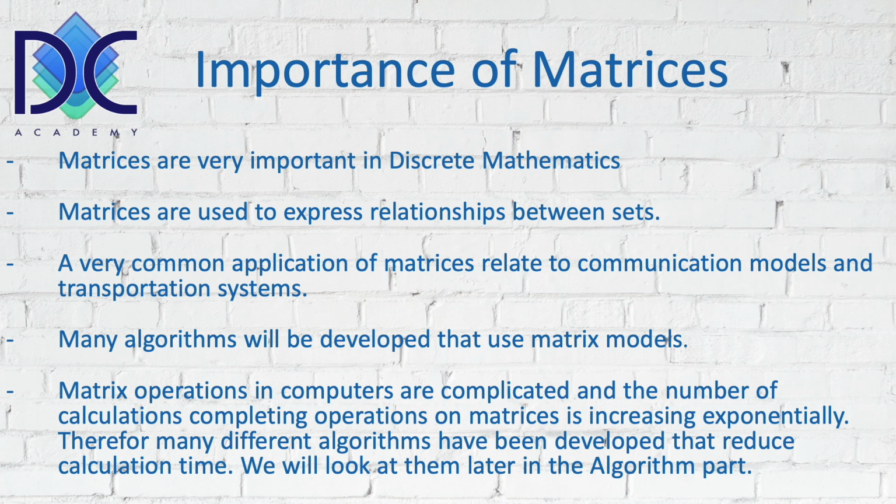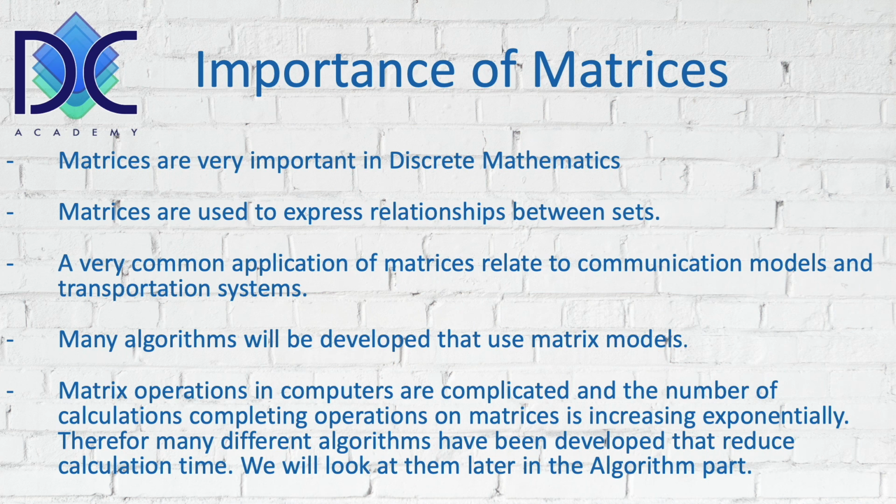It is clear that reduction of time, finding, let's say, efficient algorithms is very important. And when we look at the complexity of matrix calculations, a lot of different algorithms have been developed that deal with those matrices and that identified ways to reduce the number of calculations that have to be done. That's a part of algorithms.